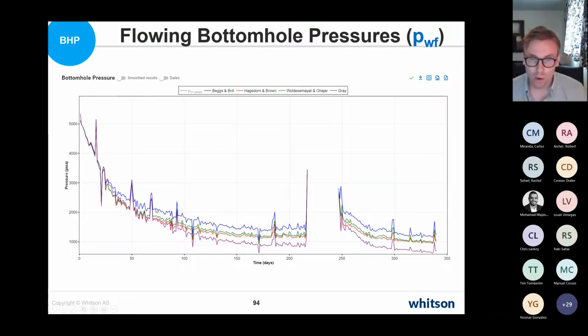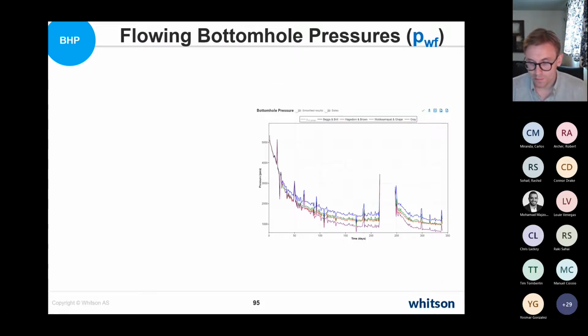But as more and more of this system becomes three-phase, you'll see more and more of a discrepancy between the different predictions. The reason why we always calculate all of them is just to communicate that potential uncertainty in the different correlations. And then you can also cherry pick which of these you like to use for your simulation.